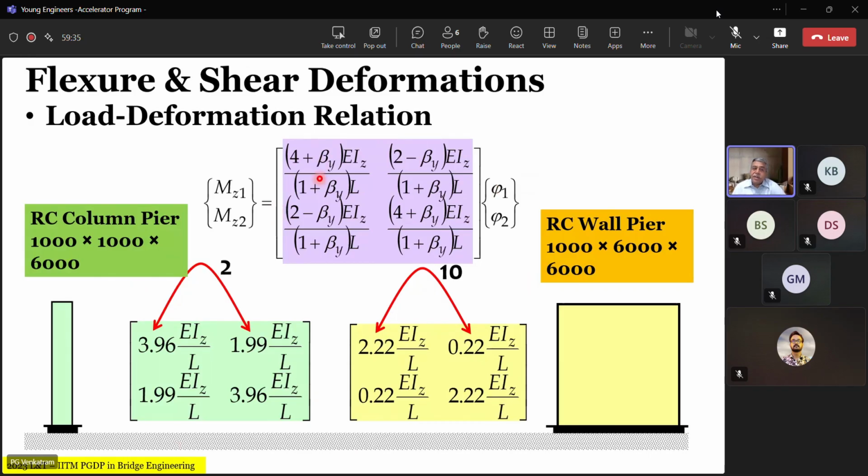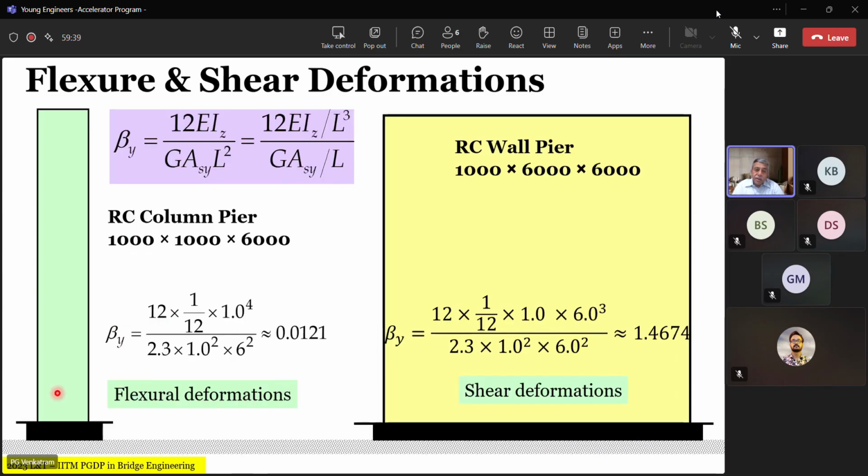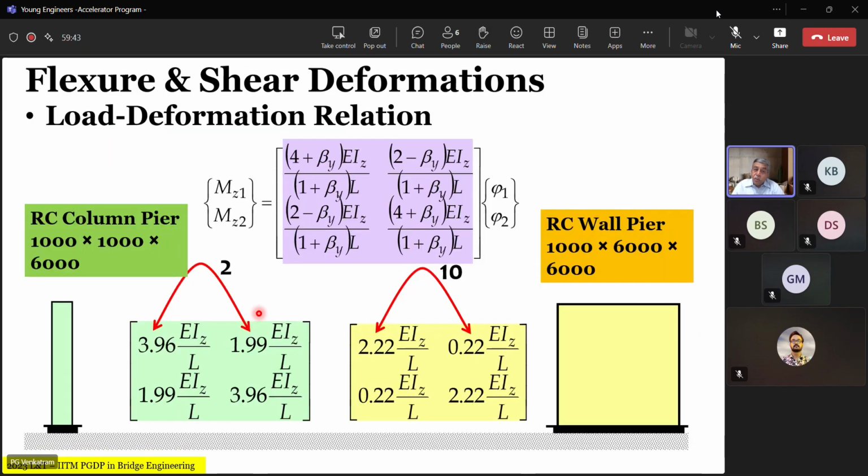Look at the stiffness matrix itself. If you went for this kind of a column and accounted for shear modulus, you will notice that this comes to almost 4, 1.9, 3.96, 1.9. That means this is close to a flexural deformation controlled behavior.